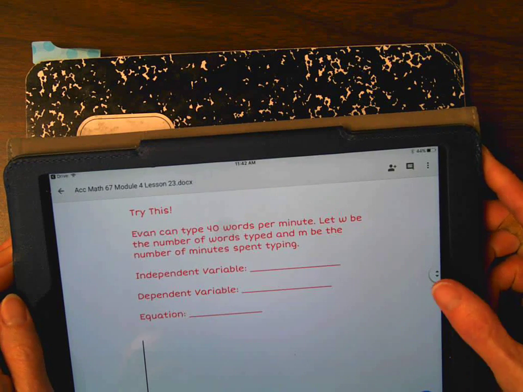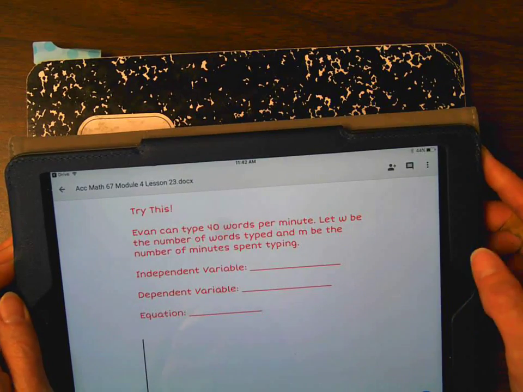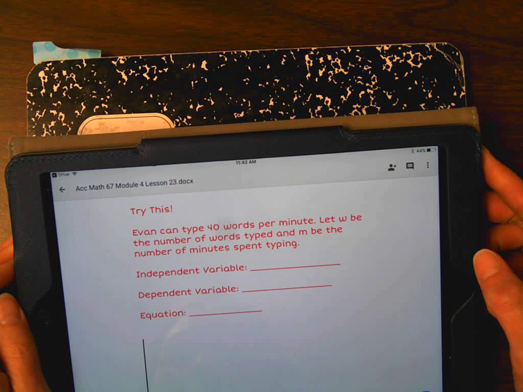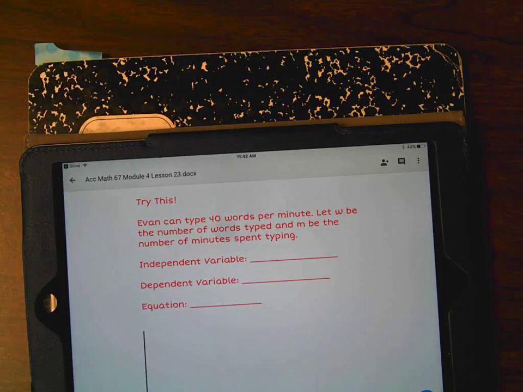All right, so let's take a look at the try this. The try this says, Evan can type 40 words per minute. Let W be the number of words typed and M be the number of minutes spent typing. Our job now is to figure out which one is the independent and which one is the dependent.